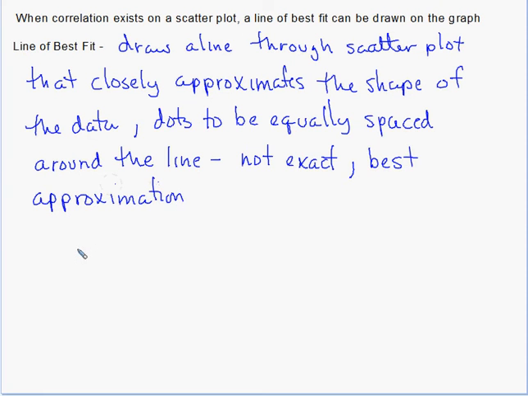So if I have my scatter plot, and I have some data and it looks like a line, I'm going to come in here and draw a line. Probably, no, that's going to be too low.